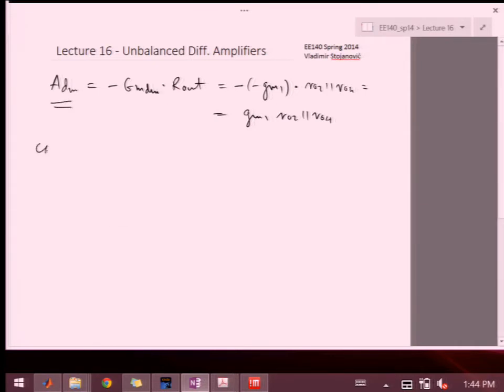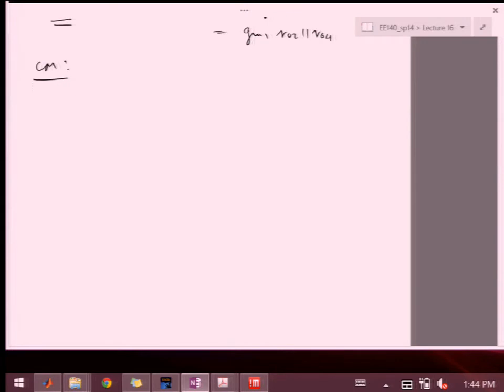Let's take a look at the common mode. So in the common mode circuit, I don't have the inputs grounded.